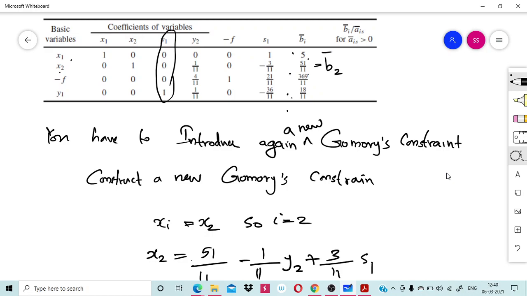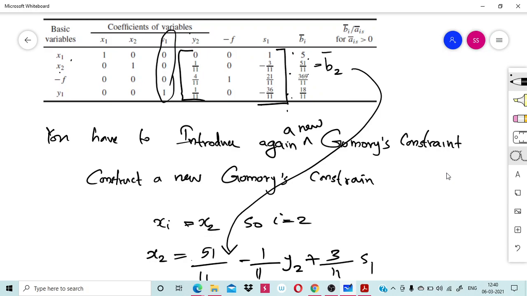That is what we have written here. Then we have the matrix corresponding to x1, x2, y1, that is, the basic variables and non-basic variables; this matrix you have to consider.